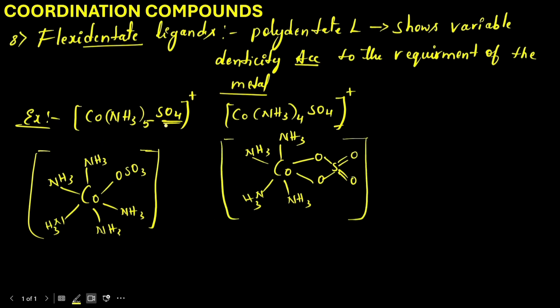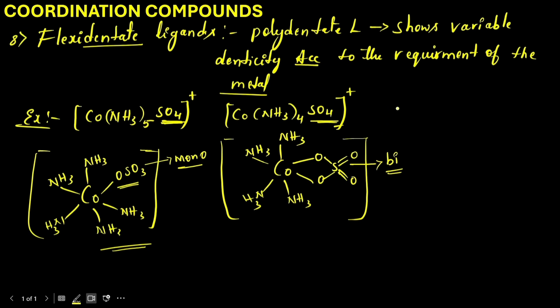In both cases there is an SO4 ligand, but in one case it is acting as a monodentate ligand, and in the other case it is acting as a bidentate ligand. So these types of ligands are called flexidentate ligands. Again, flexidentate ligands are polydentate ligands which show variable denticity according to the requirement of the metal.